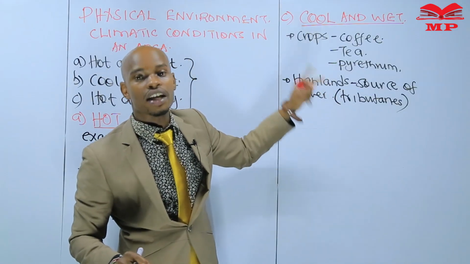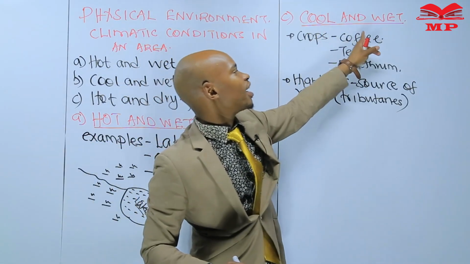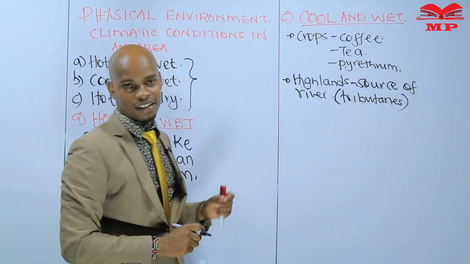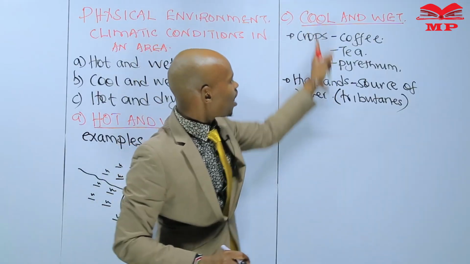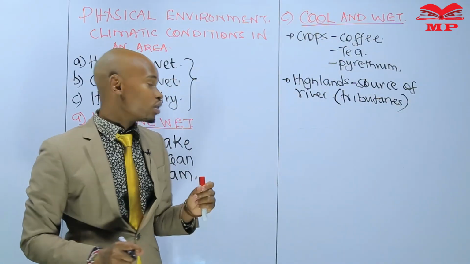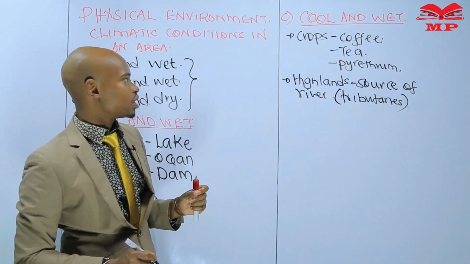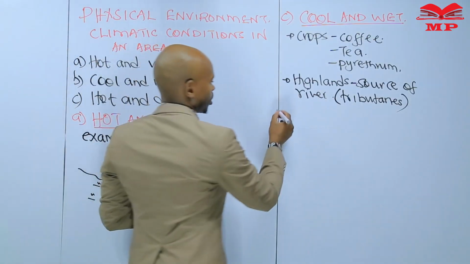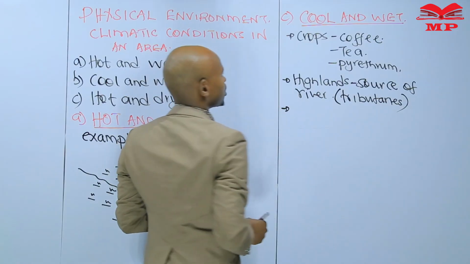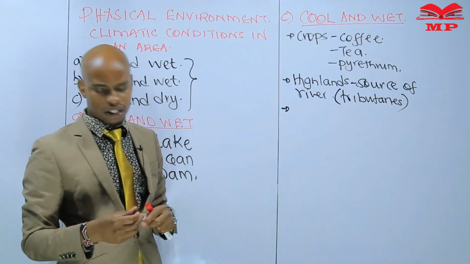Rivers have their sources in the highland, and highlands have cool and wet conditions. That's another very good example of evidence that will tell you indeed that area experiences cool and wet conditions.